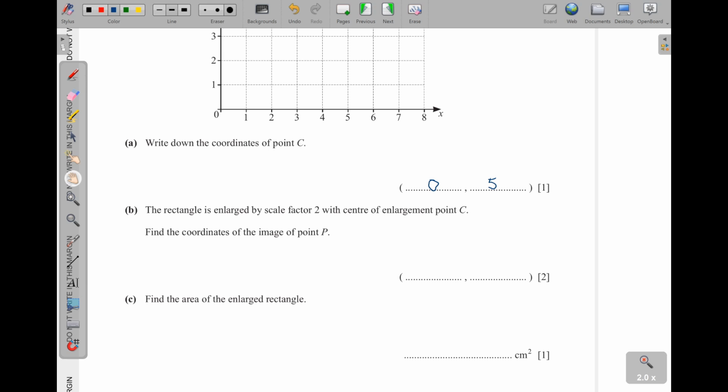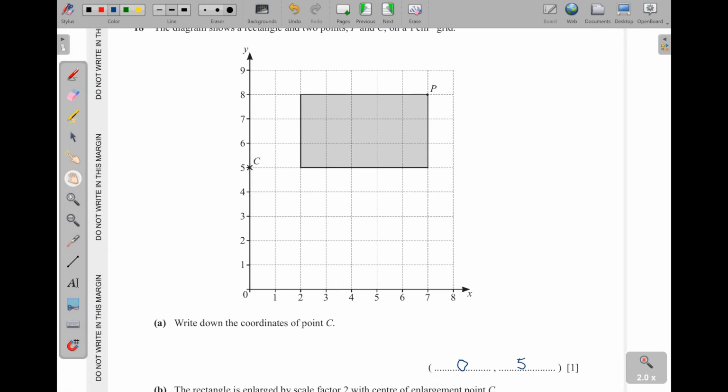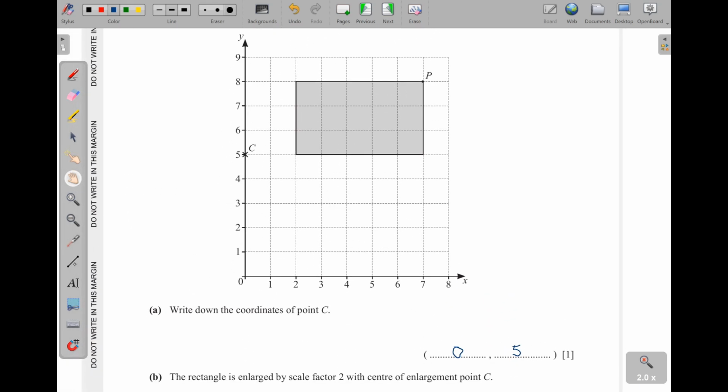Now, when we are drawing objects under enlargement, we always draw a line through the points. So let me use this P. I draw through P, and then through the center.